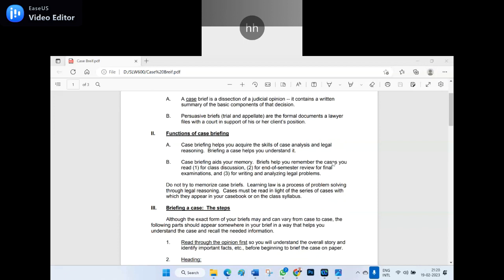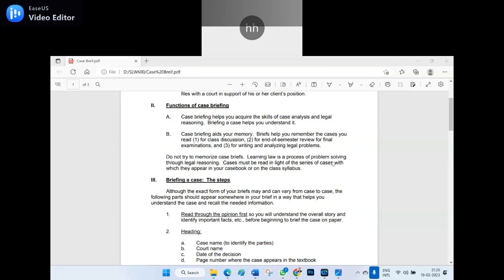If the judge is satisfied with your persuasive cases, then he will definitely rely on them and give the judgment in your favor. If he doesn't agree, then the decision will be done in a different way. The function of case briefing is that it helps to acquire the skills of case analysis and legal reasoning: how a case should be analyzed and what the legal reasoning is. Cases can run to 20 to 30 pages, even 50 to 100 pages, disposed by the Court of Appeal or the High Court.